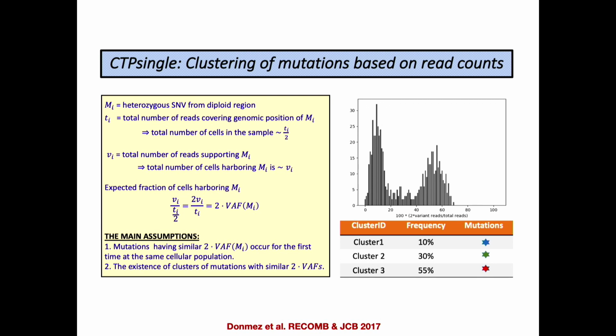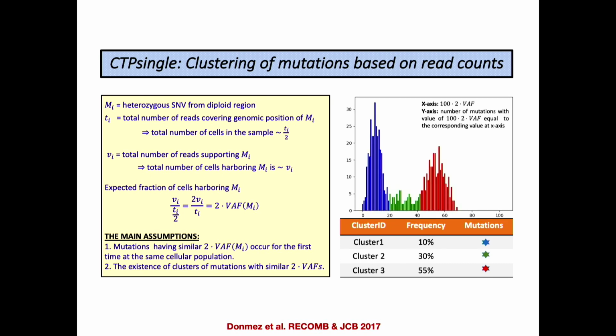Envisioning this as a random process with respect to coverage, and envisioning that there are a small, fixed number of distinct clones, you can try to cluster them together and not only infer the number of clones, but which of these mutations belong to which of these clones. So eventually you'd like to perform a clustering based on the distribution under the assumption of normal distribution.